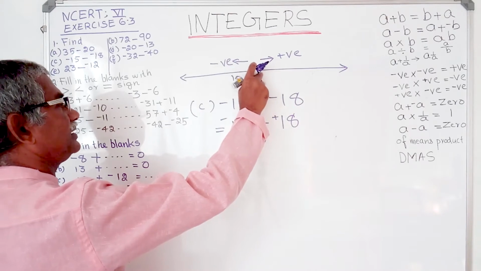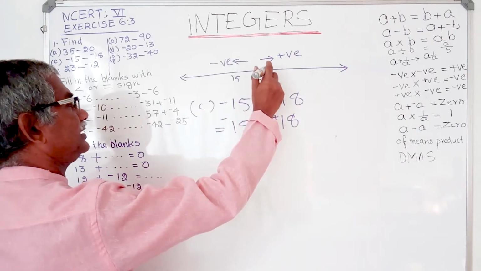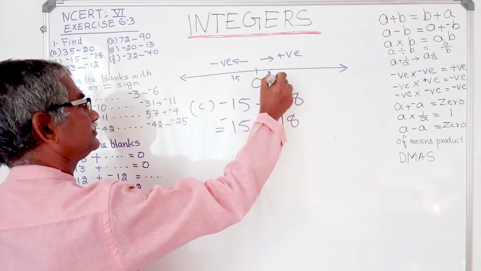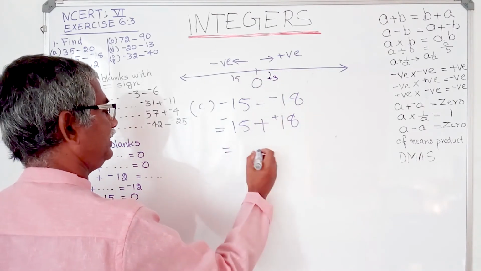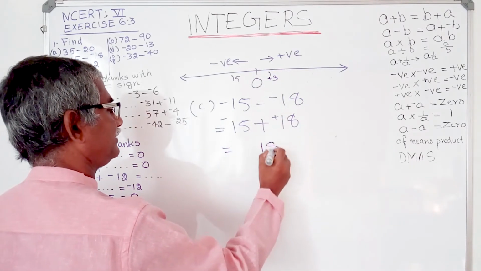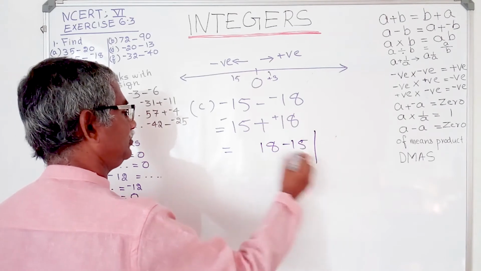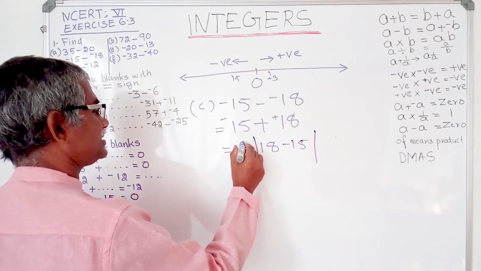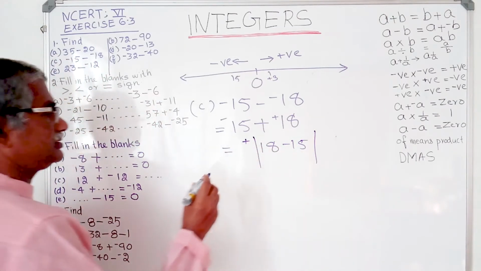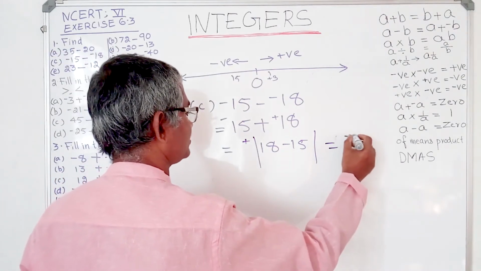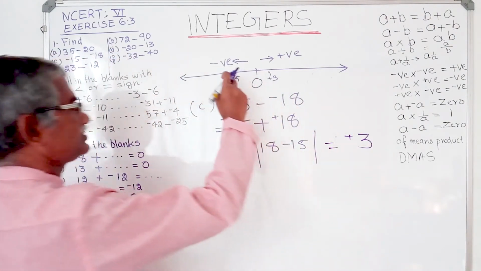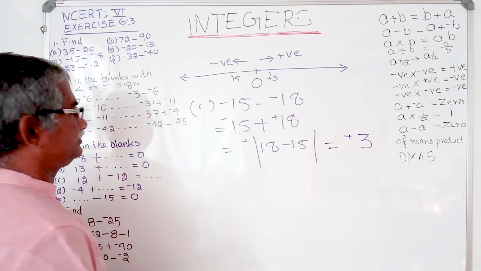Getting 15 numbers, getting 0, again 3, positive 3. So the answer will be, taking the difference of absolute values and putting the sign of the larger absolute value, positive 3. Using the number line, you can make sure.